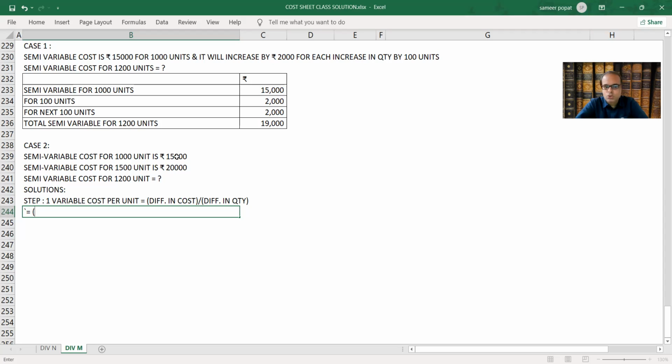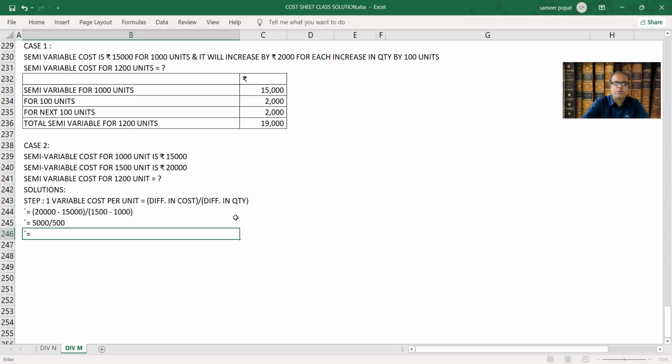From higher to lower, just reduce. So 20,000 minus 15,000, so 5,000 is the difference in cost. Your cost will change by 5,000. Now, why would this cost change by 5,000? Because there is a change in quantity. Your quantities were 1,500 and 1,000, so 1,500 minus 1,000. So here it is 5,000 divided by 500. So variable cost per unit would be rupees 10, is it?